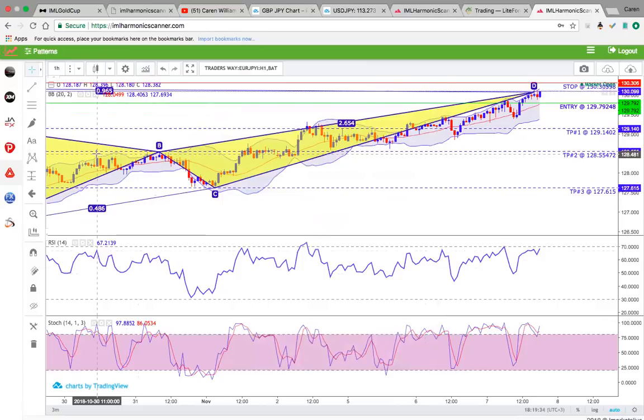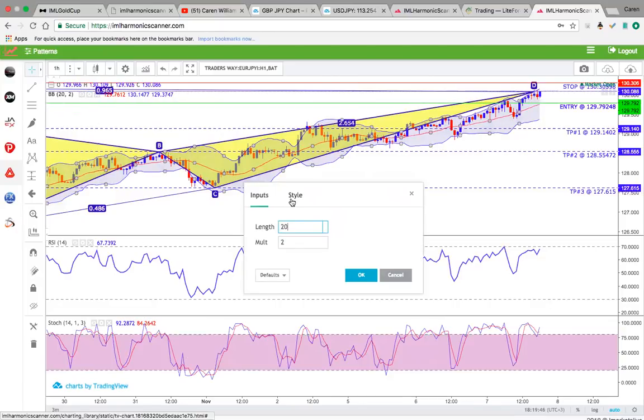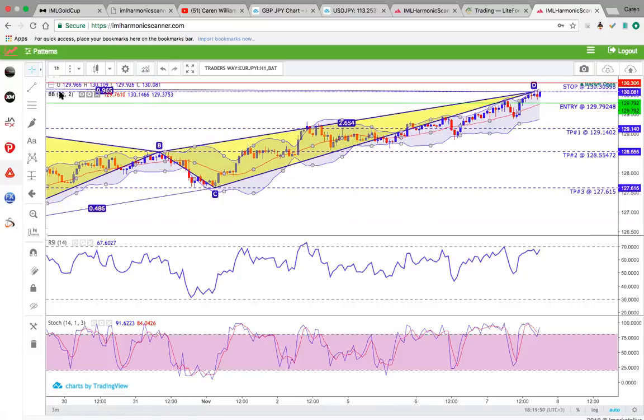Good. So we have the indicators on the harmonic scanner. Now we're going to move on to making sure that we have the correct parameters, right? So over here on the top left-hand corner, you're going to see BB, and then you're going to see some numbers, right?